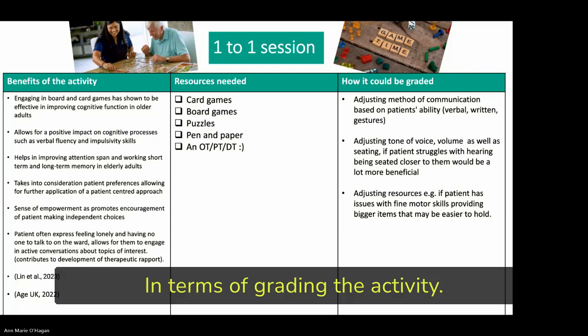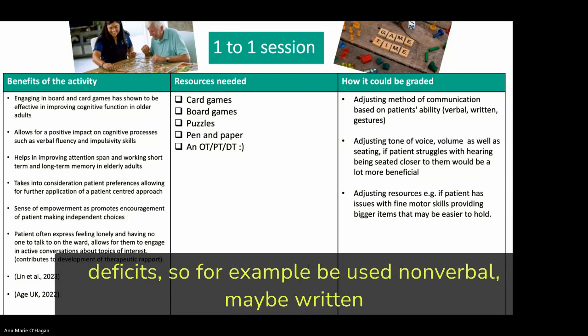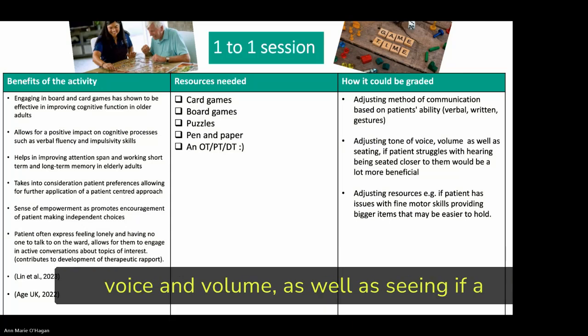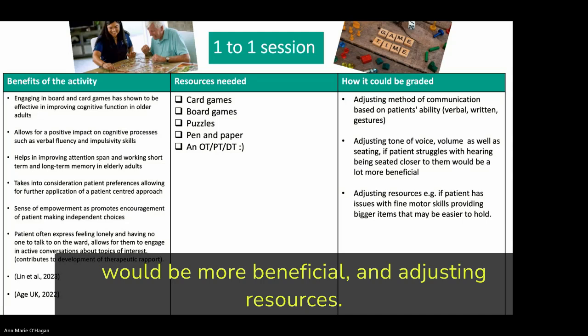In terms of grading the activity, we adjusted the methods of communication based on the deficits. So, for example, we used non-verbal communication, maybe writing things down, using gestures, speaking louder, and adjusting our tone of voice and volume. If a patient struggled with hearing, being seated closer to them would be more beneficial. We also adjusted resources.